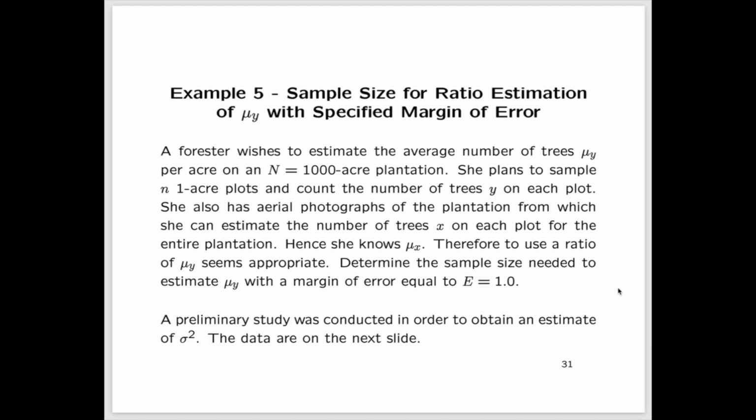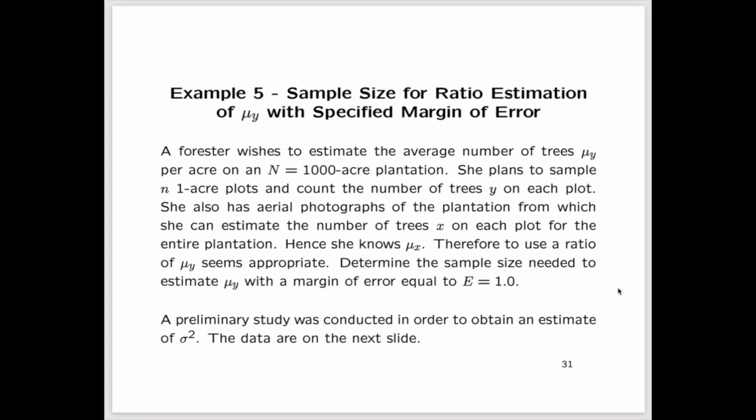This is example 5, sample size for ratio estimation of mu sub y with a specified margin of error. A forester wishes to estimate the average number of trees, mu sub y, per acre on a 1,000 acre plantation. She plans to sample n 1 acre plots and count the number of trees y on each plot.